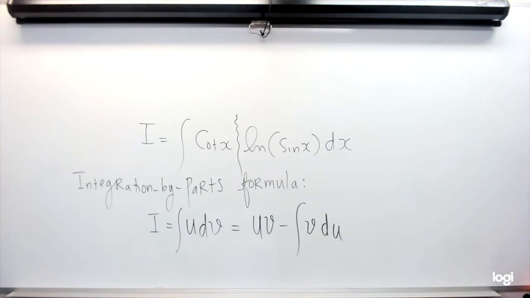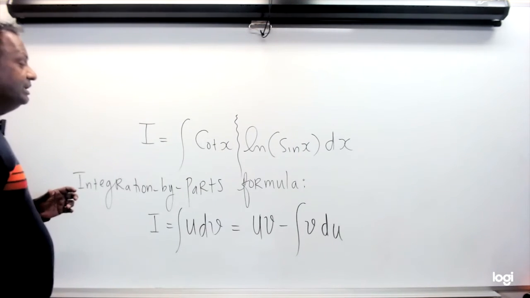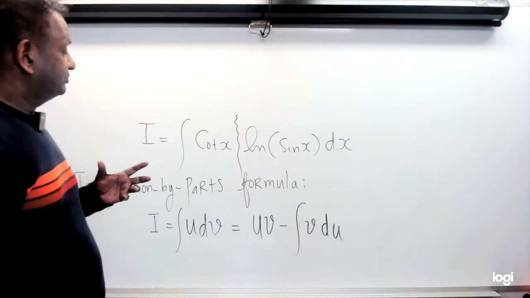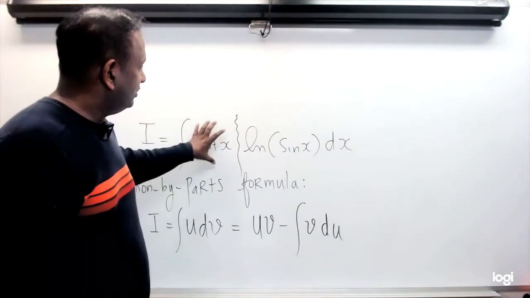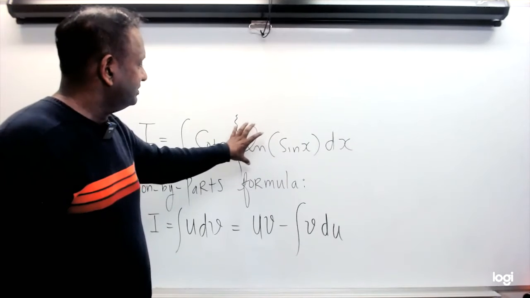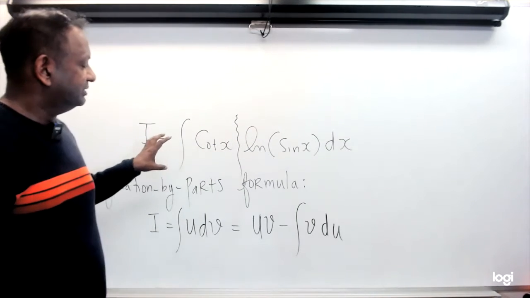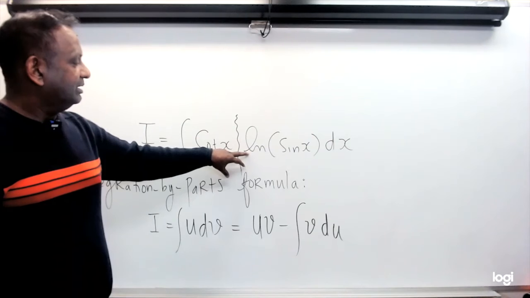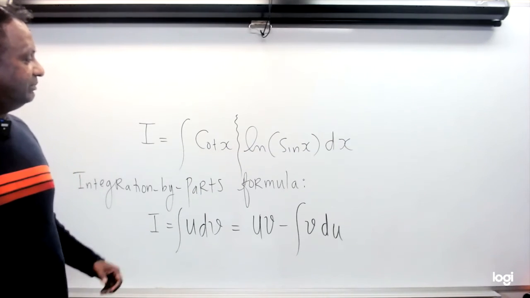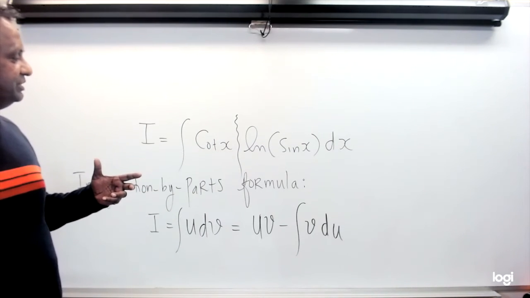The function whose first derivative is simpler than the original function should be taken as u, or something you can easily differentiate. Look at both of these two. They both look differentiable. Both functions are differentiable. But if you pick this one, one should be integrated, one should be differentiated.